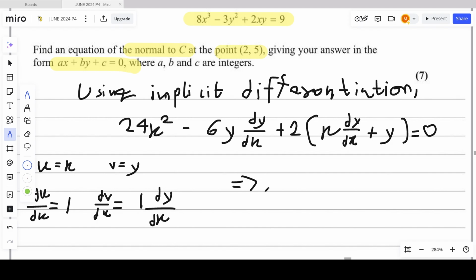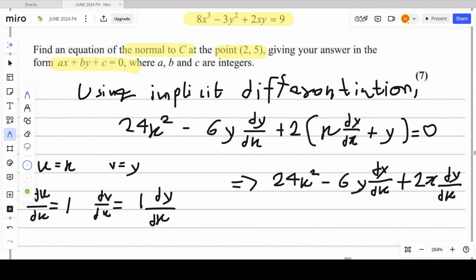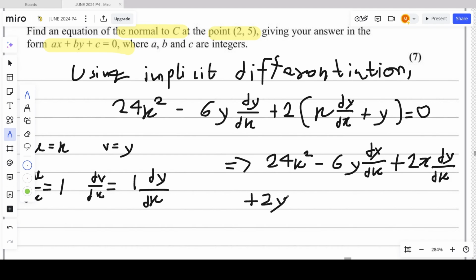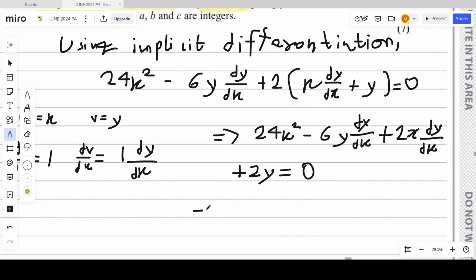Now we need to make dy over dx the subject, because we want the derivative. First multiply out the brackets: 24x squared minus 6y dy over dx, plus 2x dy over dx, plus 2y equals 0. Now take dy over dx common from these two terms: dy over dx times (2x minus 6y).